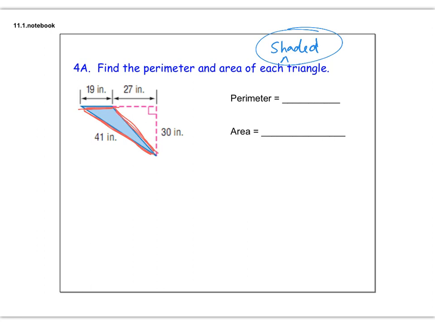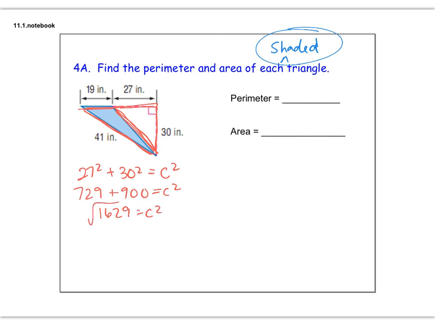What I'm actually going to do is use this triangle with the 27 and the 30 because that's a right triangle. I can do the Pythagorean theorem. So 27 squared plus 30 squared equals c squared. When I do that, I get 729 plus 900 equals c squared, which is 1629.